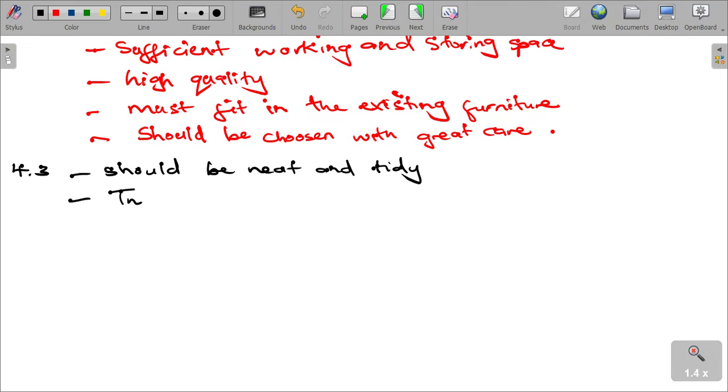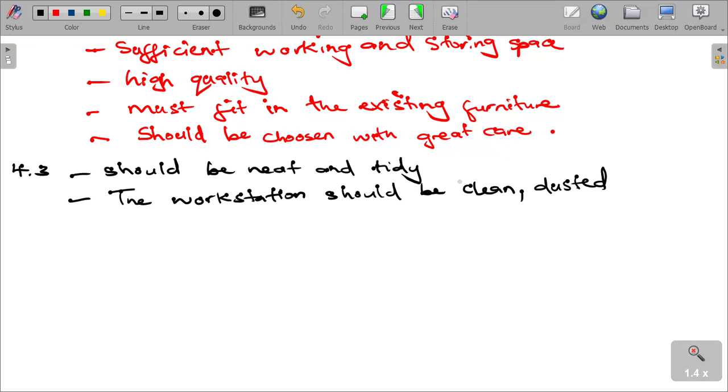The workstation should be clean, dusted, and kept tidy.